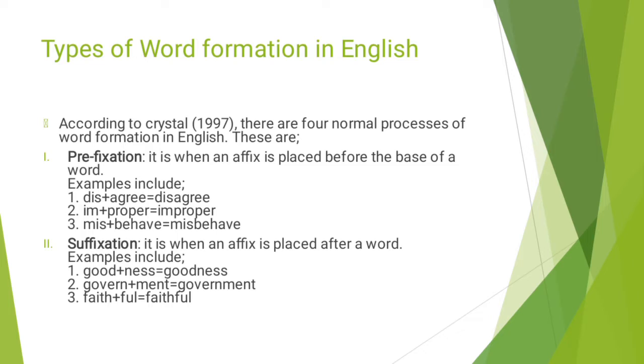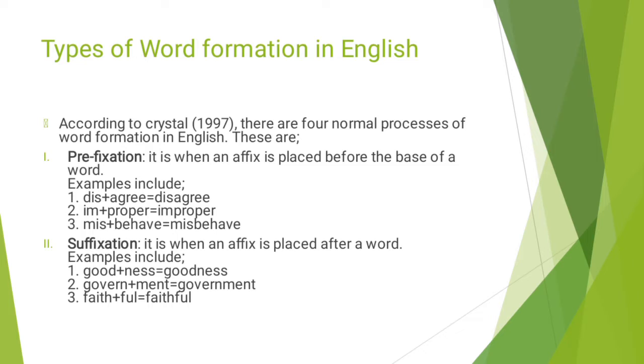From this word, disagree, we can clearly see that it is a combination of 2: dis plus agree, and agree becomes the base word. So the dis being attached to agree, and since it is coming before agree, we call it a prefix. Then improper, since the im is coming before proper, we call it a prefix. Then we have the same thing for misbehave.